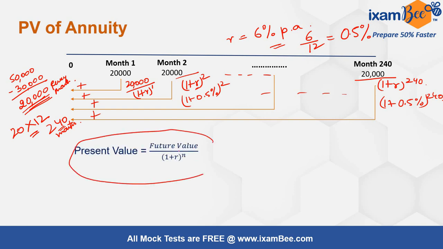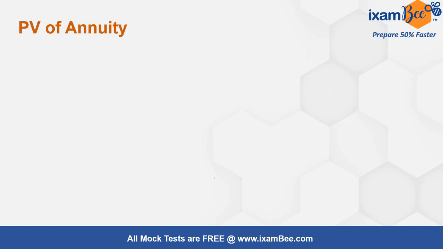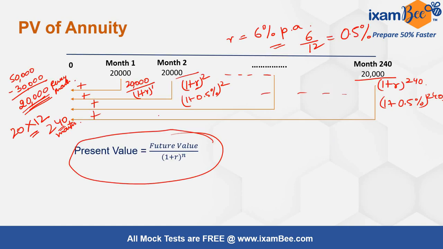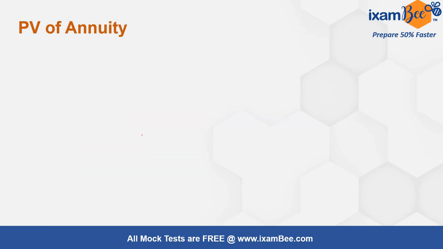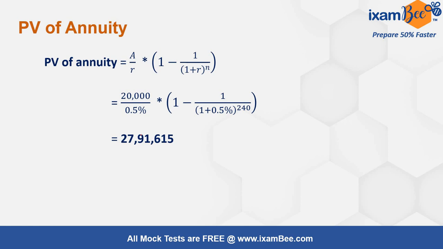So I have been using this formula to find my present value. Now, doing that is a very tedious task. Of course we can use software, Excel, to do that. However, we can also sum this up into a single formula.